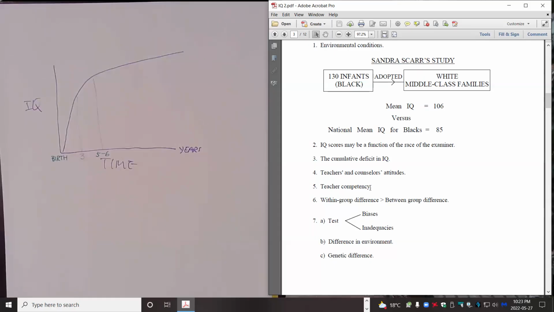Okay. Teacher competency. Now, in the United States, there are black and white, and if you have read the news, they are regionally separated. For example, in New Orleans, the high ground is occupied by well-to-do whites, and those close to the sea, the lower ground, are occupied mainly by blacks.